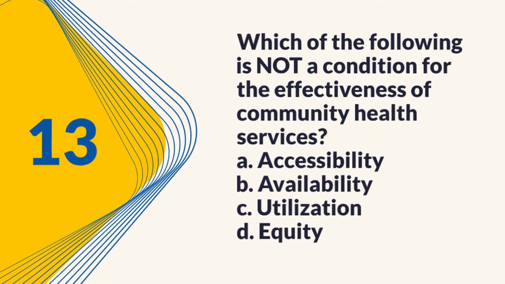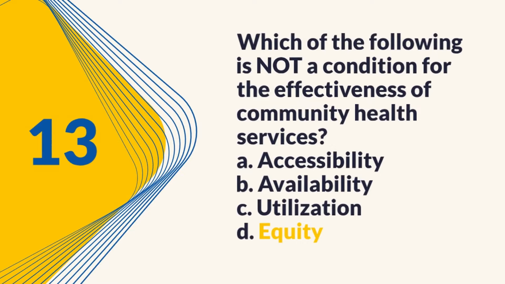13. Which of the following is not a condition for the effectiveness of community health services? A, accessibility, B, availability, C, utilization, D, equity. Answer is D, equity, and here's the deal.